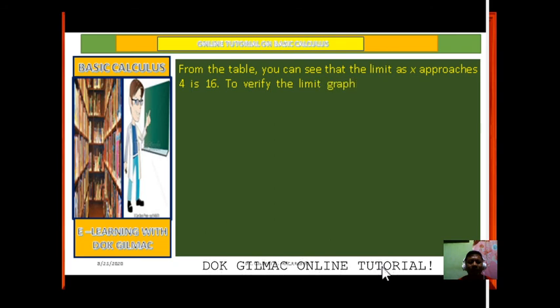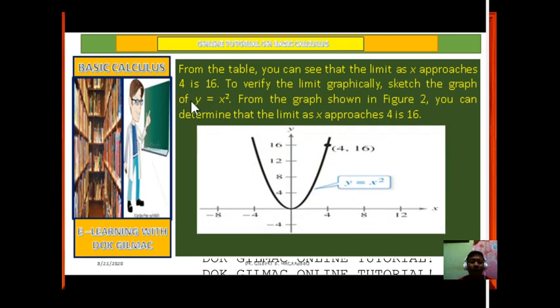From the table, you can see that the limit as x approaches 4 is 16. To verify the limit graphically, we sketch the graph of y equals x squared. From the graph shown in figure 2, you can determine that the limit as x approaches 4 is 16. So as you can see here, if x is 4, we have here f of x is 16.